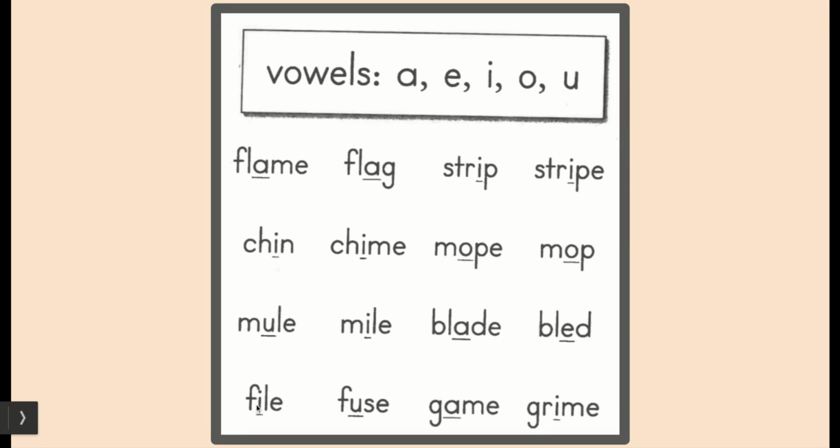E on the end, the vowel says its name, I. File. E on the end, the vowel says its name, U. Use, fuse. E on the end, the vowel says its name, A. Game. E on the end, the vowel says its name, I. Grime.